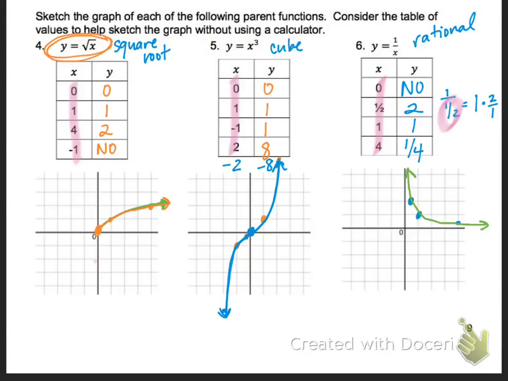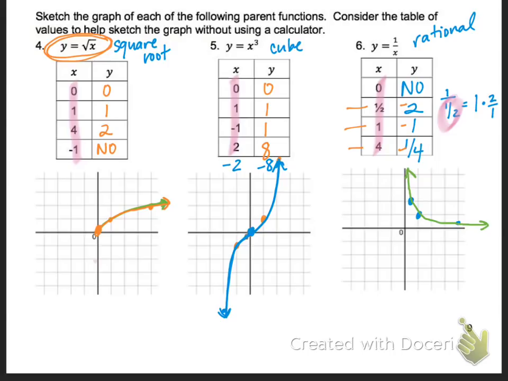Now, I want you to think about the negative components of these. So if I put a negative on all of these, that would just make my Y values negative as well. So think about plotting the mirror image of those.